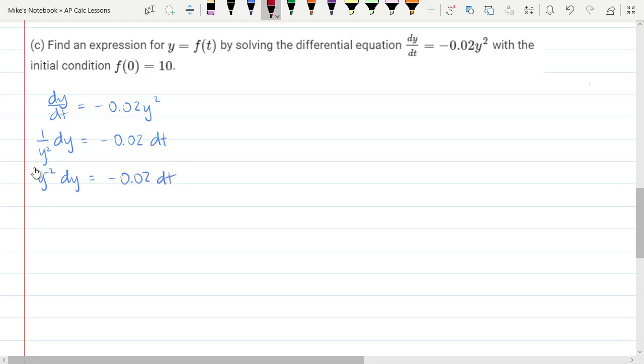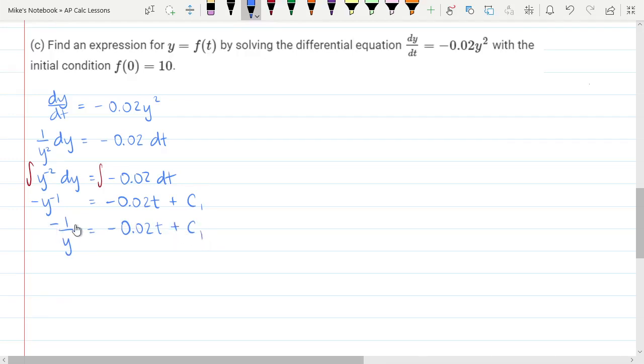Now when I integrate both sides, we get a negative y to the negative first equals negative 0.02 t plus a constant c1. Remember, this was with respect to t, and that's why it's a t. Now this is really negative 1 over y equals negative 0.02 t plus c1.